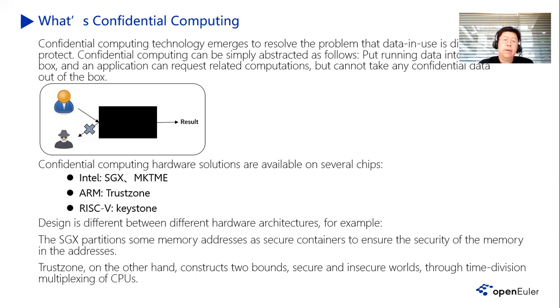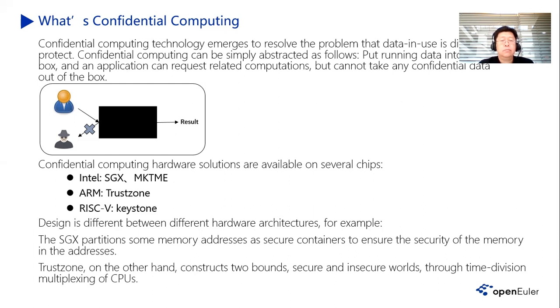From the design perspective, the different hardware architectures have different design principles. For example, SGX partitions some memory addresses as a secure container to ensure the security of the memory in those addresses.